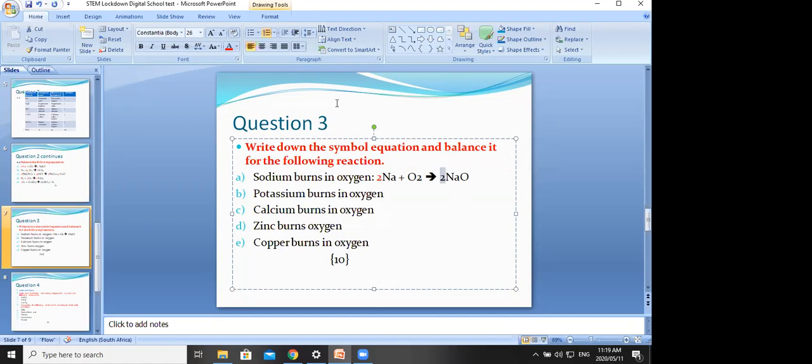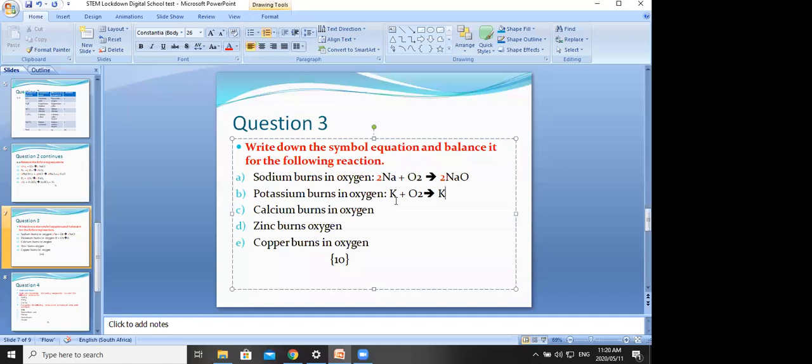Then I'm not doing this one. You need to do it for me. You'll just tell me what to type now. So we've got potassium that is burning in oxygen. How are we going to work with it? It's K plus O2. K reacting with oxygen, yes. What do we get? KO. Potassium oxide.